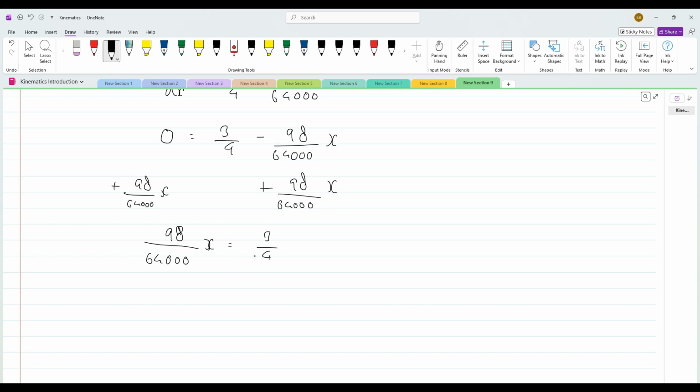And we multiply by 64,000 and divide by 98. So if I do that to both sides, we get x equals 3 times 64,000 over 4 times 98, and this gives us an x value of 489.80, and this is the horizontal distance at which the velocity equals 0.